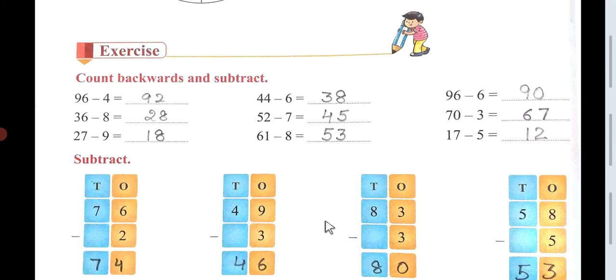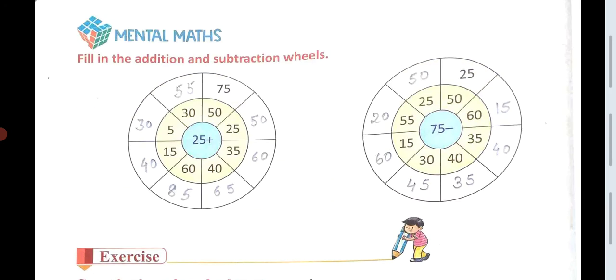So let's see another exercise, that is mental maths. Here you can see in the middle 25 has been given. So you have to add these numbers to 25. The first one has already been given, 25 plus 50 is equal to 75.